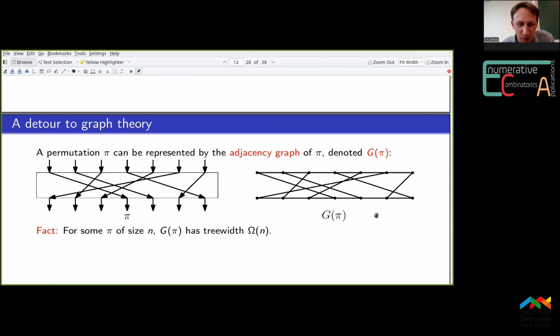And what you need to know about adjacency graphs, and what has been known before, is that for some permutations they might have large tree widths, as large as linear. For sure, they cannot have tree widths larger than linear since they have 2n vertices, but linear can be achieved.